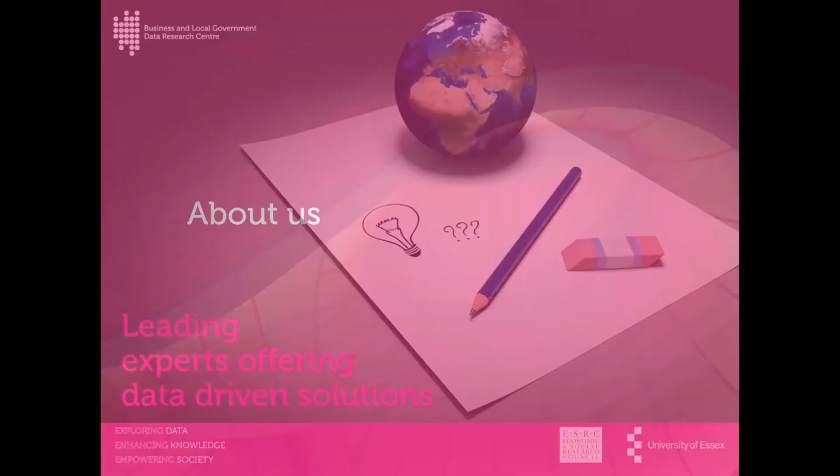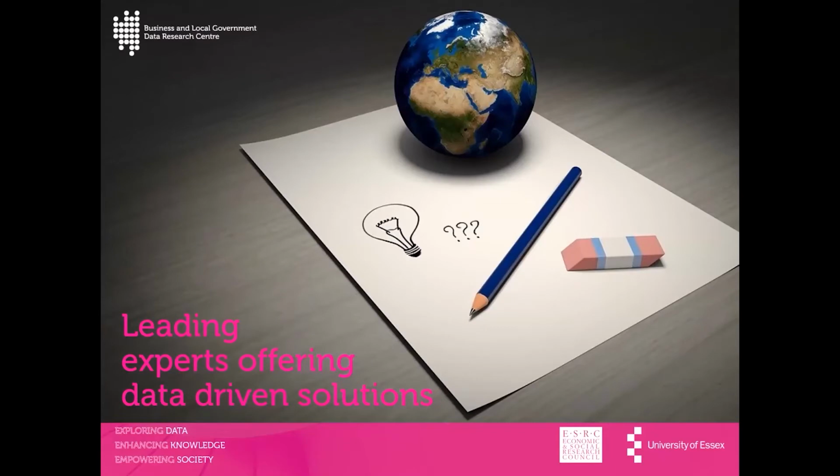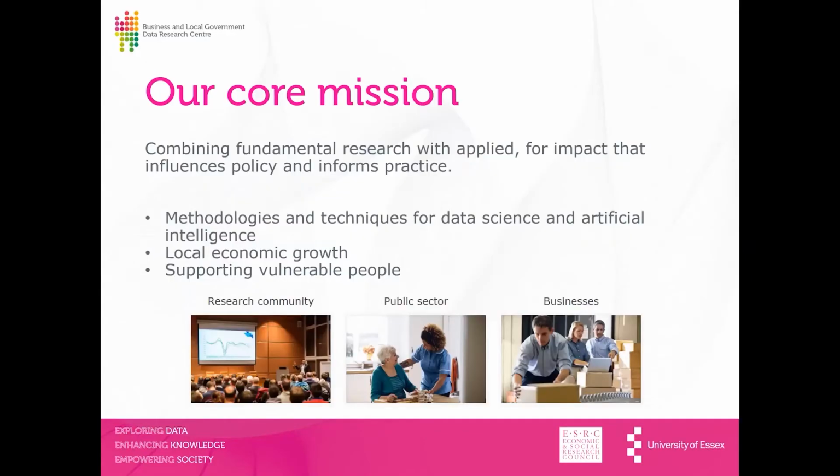We're a team of leading experts that offer data-driven solutions to some of the world's greatest challenges that we face today. Our core mission is to combine fundamental research with applied, the impact that influences policy and informs practice. We've got three main priority areas, which you can see on the screen now. These are methodologies and techniques for data science and artificial intelligence, supporting local economic growth and vulnerable people.